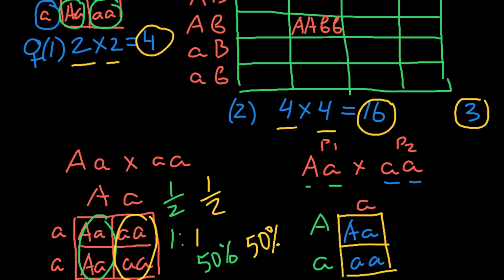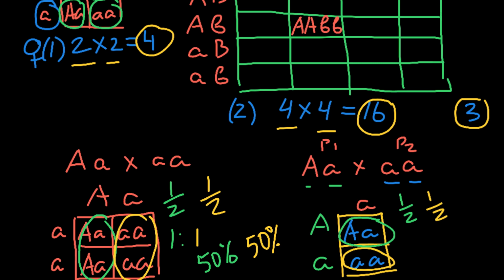Now let's think about the ratios. We have, one more time, 50% that is going to be homozygous recessive, and 50% that is going to be heterozygous. This is the same as 1/2 and 1/2.